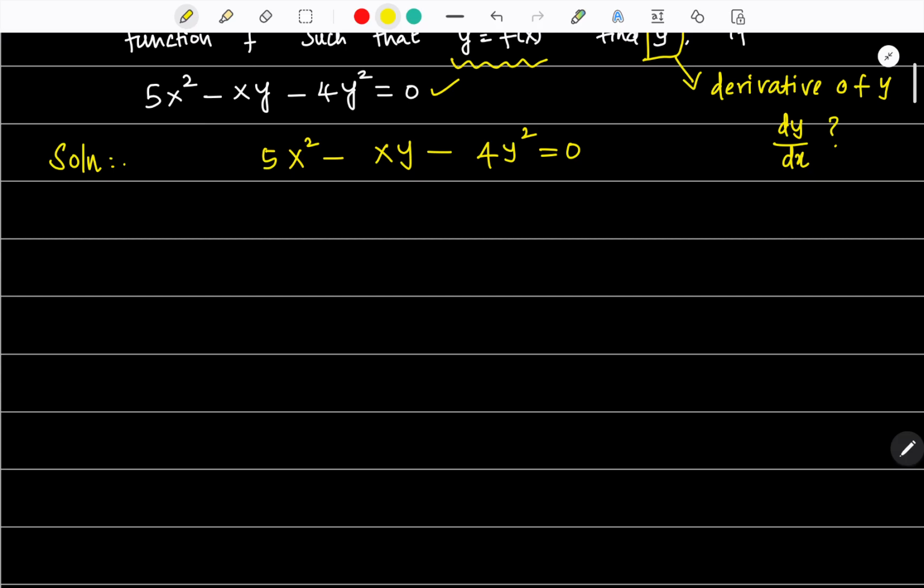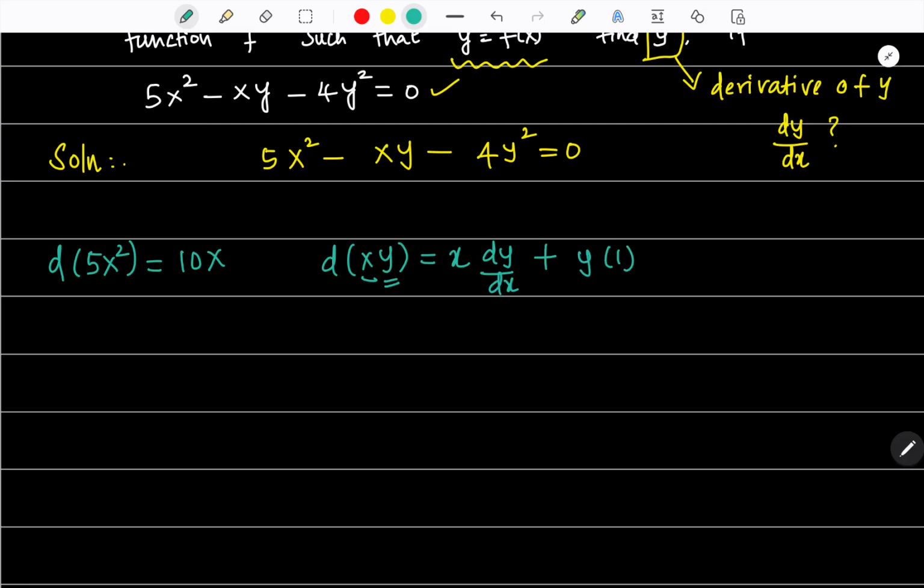Before going to this exercise, let me do the functions each one in a separate way. What is the differentiation of 5x square? 10x. What is the differentiation of xy? I told you, keep x, differentiation of y is dy by dx, plus keep y, differentiation of x is 1.